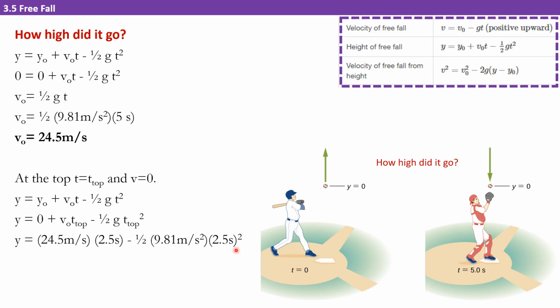And don't forget the square out here on the end. And then we get the total height is 30.6 meters. So sometimes you have to be careful, in projectile motion, about whether you should look at the total time of flight, or instead consider the case where you're talking about half of the projectile motion.